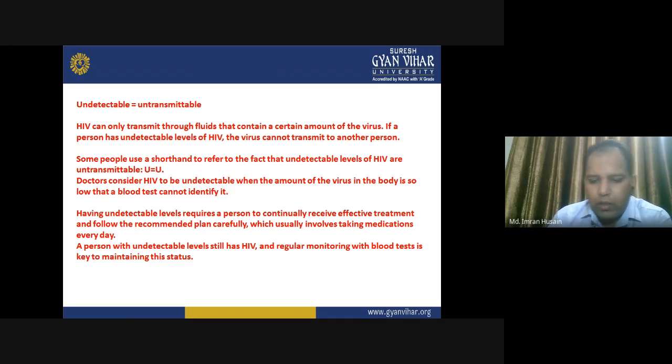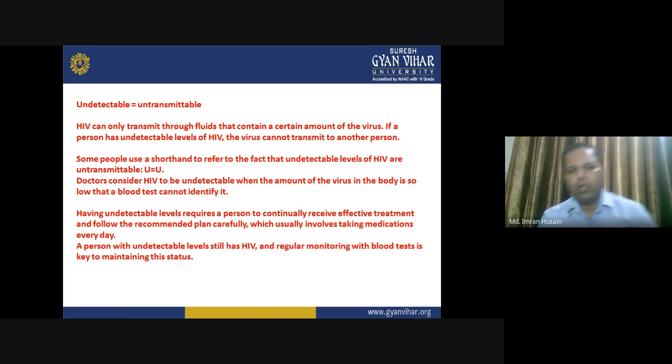So every condition and every scenario has been observed very clearly, and day by day our antiviral technology is evolving. So very soon in the coming future we will be able to design its vaccine or medicine.